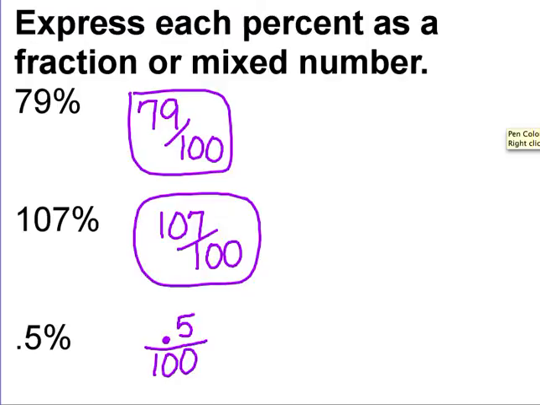You can't have that. So I've got to move this decimal one space to the right. Now notice there's nothing there, so I have to fill it in. What do I fill it in with? A 0. Very good. That leaves me with 5 over 1,000.